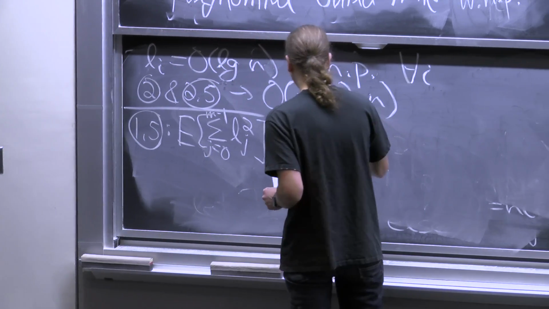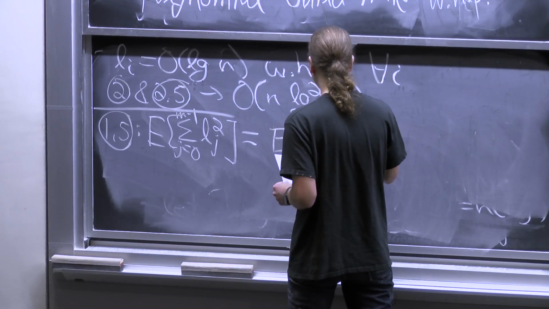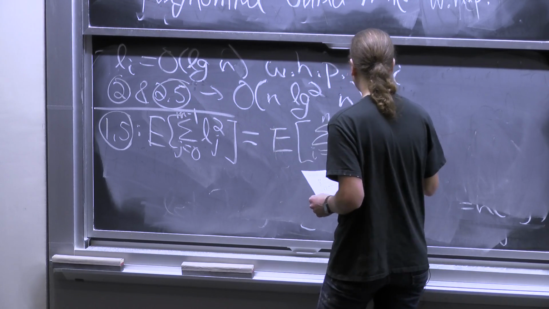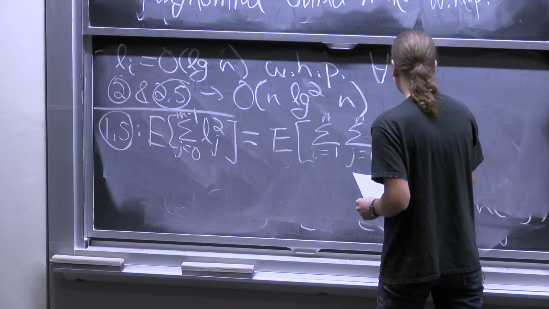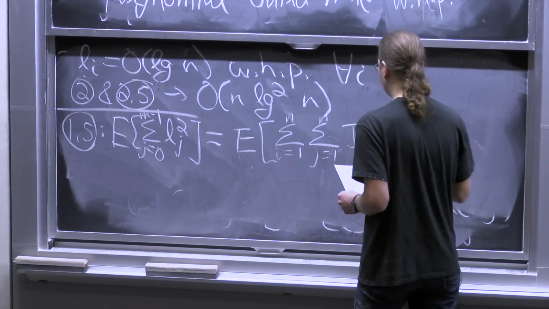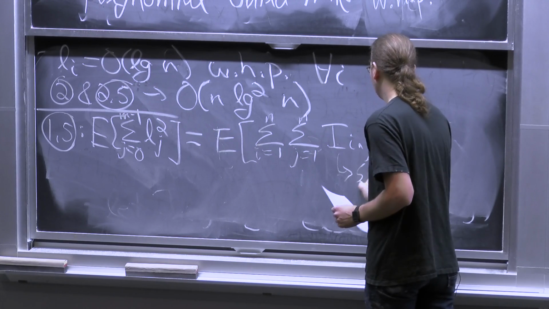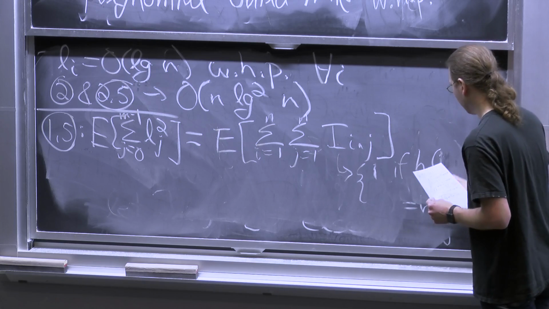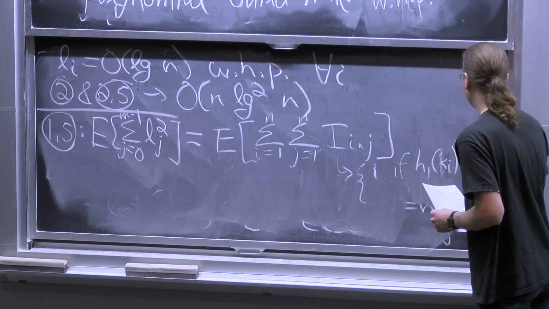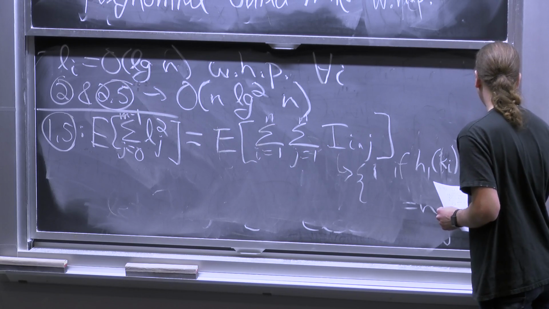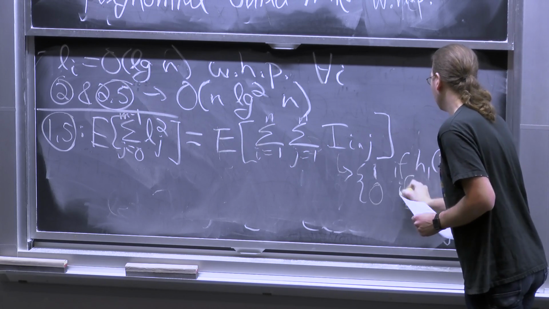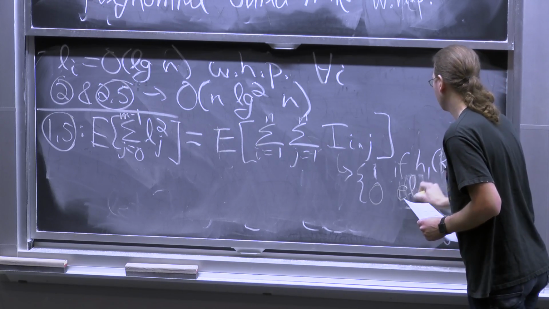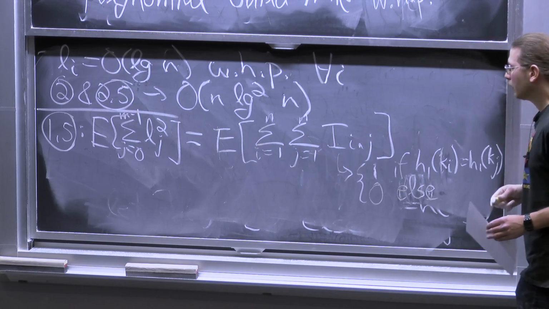So this I can write as an indicator random variable, which lets me use linearity of expectation, which makes me happy, because then everything's simple. So I'm going to write Iij. This is going to be 1 if h1 of ki equals h1 of kj, and 0 otherwise.